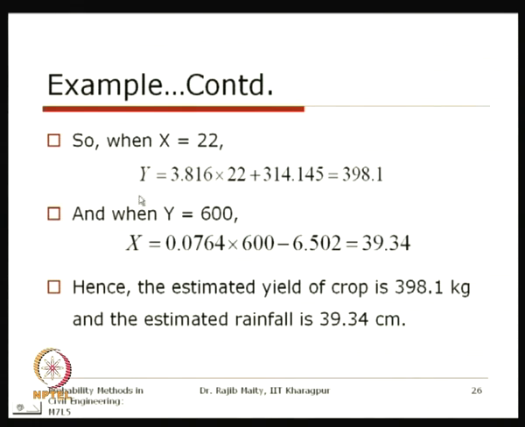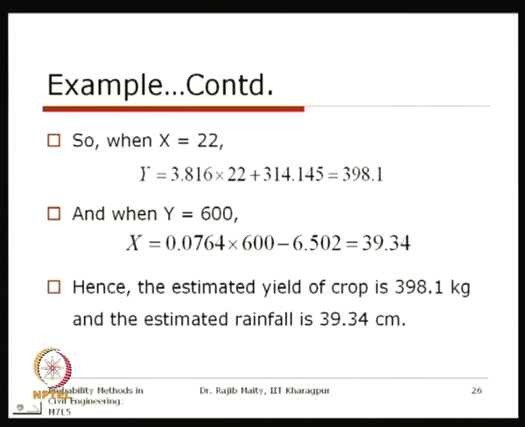Putting that in the expression, we get y equals 398.1. And when the yield is 600, the estimate of the rainfall is 39.34. So the estimated yield of the crop is 398.1 kg when the rainfall is 22 centimeter, and the estimated rainfall is 39.34 centimeter when the yield is 600 kg.